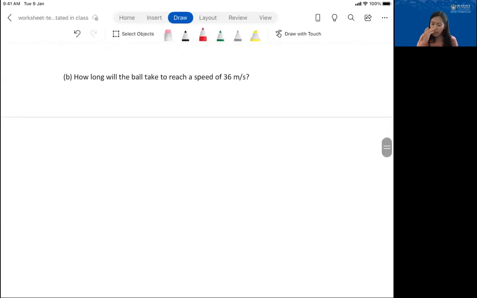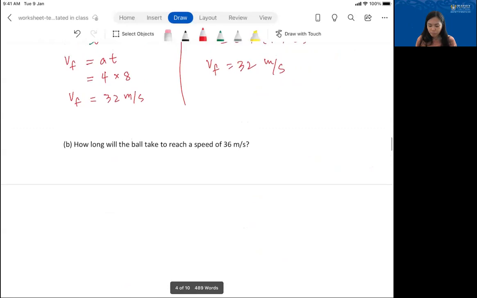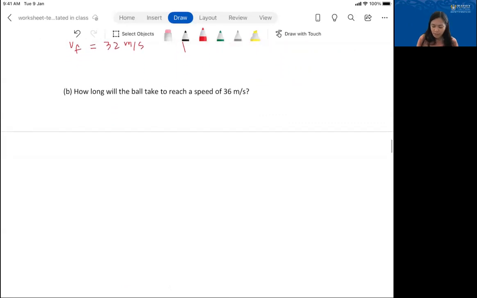Okay, next question. How long will the ball take to reach a speed of 36 meters per second? This time we want to find how long, delta t. So again, you have your variables, delta x, vi, vf, a, and delta t. Delta t, that's what we want to find.